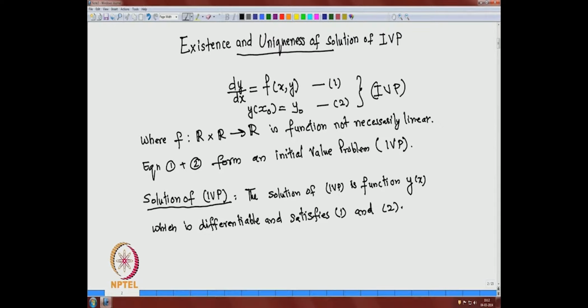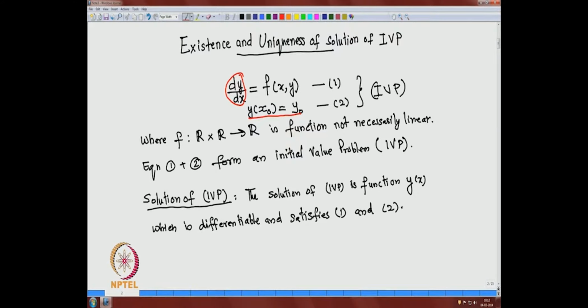Since the equation is dy/dx = f(x, y), we require that the solution y has to be a differentiable function. It has to satisfy the differential equation, and also the given initial condition y(x0) = y0.